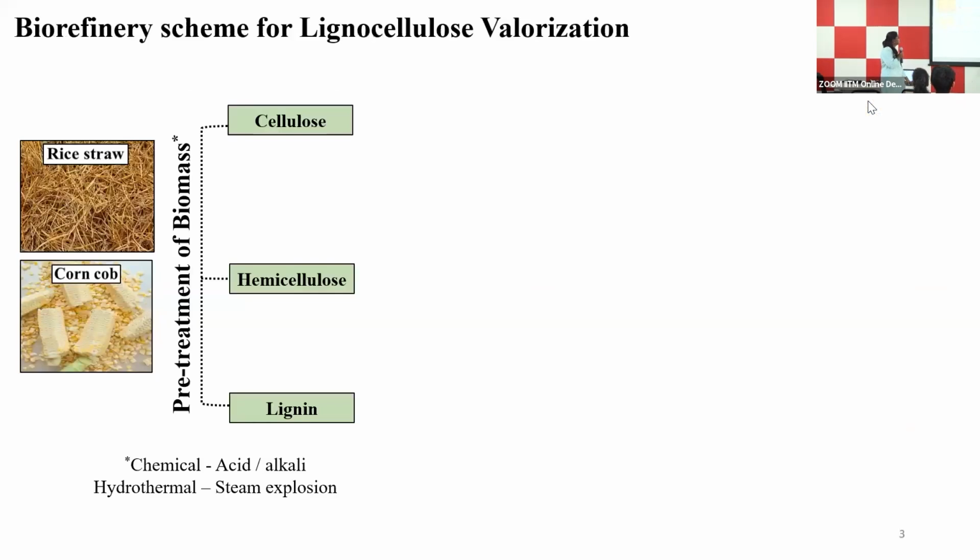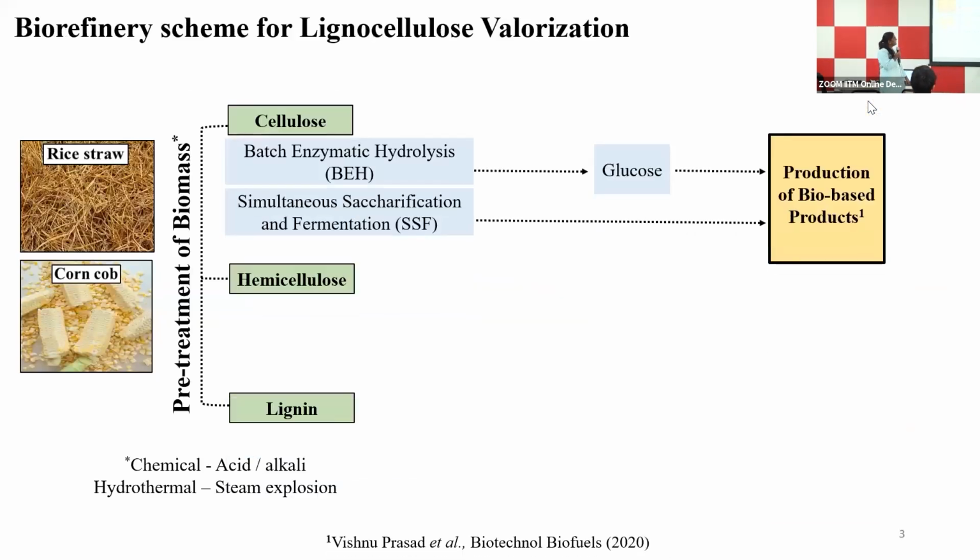And yeah, so this is the scheme of a biorefinery that we have in our lab. Typically, we use two biomasses, rice straw and corn cob, the waste residues, and we use enzymatic hydrolysis for the conversion of cellulose to glucose and produce products like lactate and so on.